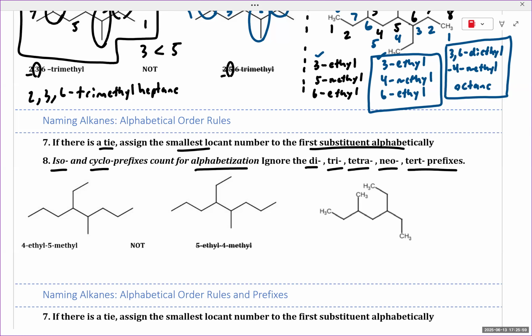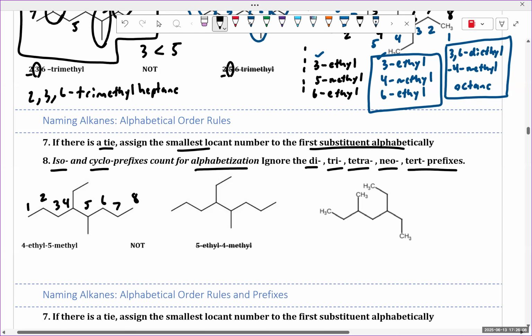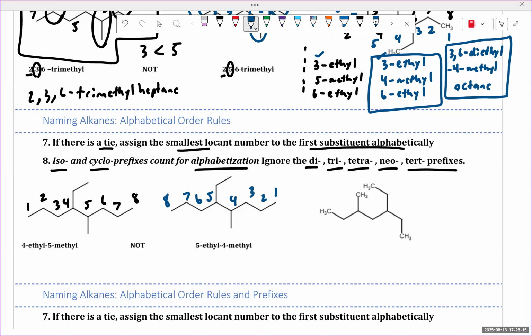For example, in this case, 1, 2, 3, 4, 5, 6, 7, 8. This compound is named as 4-ethyl 5-methyl instead of 5-ethyl 4-methyl. The reason why we choose to give the ethyl group the lowest locant number is because ethyl is first alphabetically and the locant numbers are otherwise identical between these two compounds.